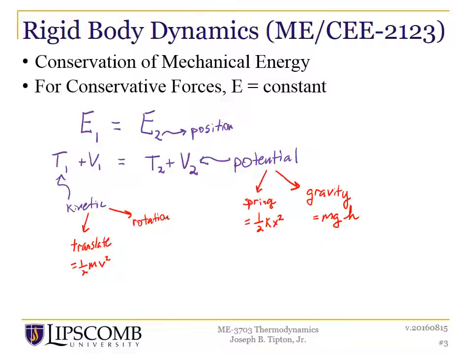And we saw with that rotation, kinetic energy being equal to 1/2 the mass moment of inertia times the angular velocity squared. So this was our world in terms of conservation of energy for rigid body dynamics.